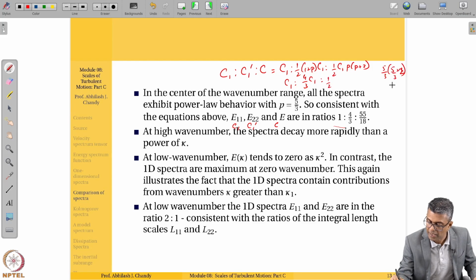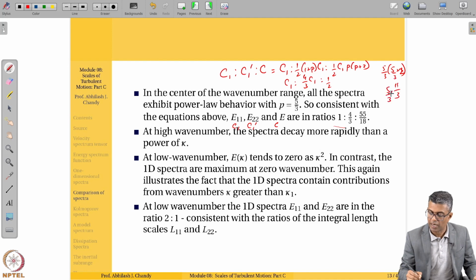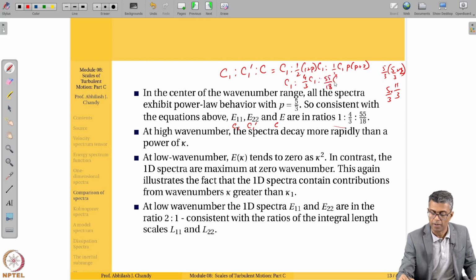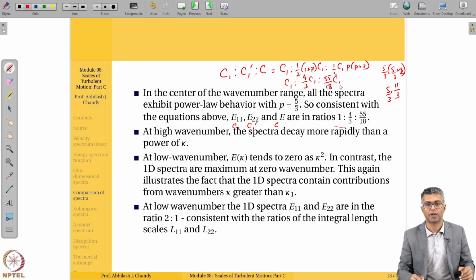So I have it as 5 plus 6, 11, 11/3, and 5/3 times 11/3 is 55 over 9, and half times that. So half times that, I can just write it as 55 over 18 C1. So that is where we get the ratio of 1 is to 4/3 is to 55 over 18.